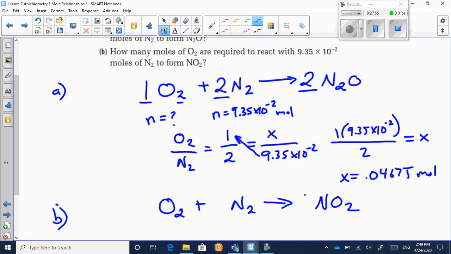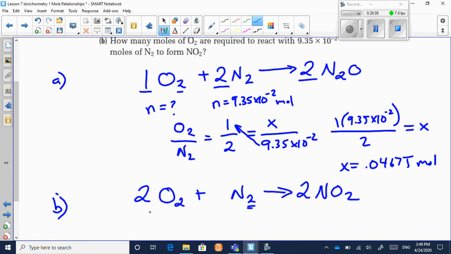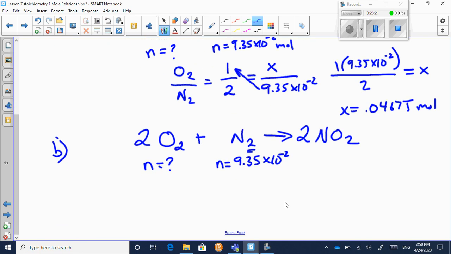Right off the bat, I would see that I need 2 of these to match up with the 2, but then I would have 4 oxygens, so I'd need a 2 here. So it's a slightly different balanced equation. And now look, it's asking me how many moles of that would I need to react with. In this case, it's the same number, but we're going to get a different answer because we've got a different balanced equation.